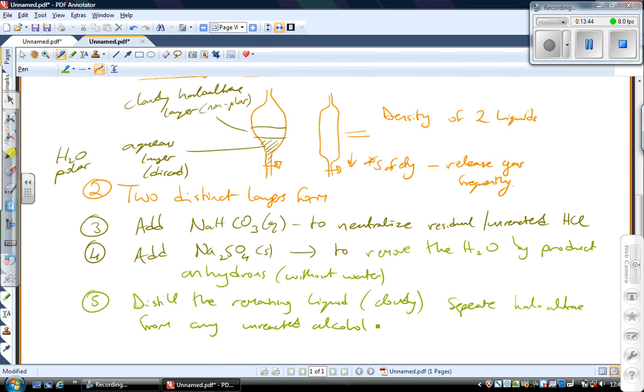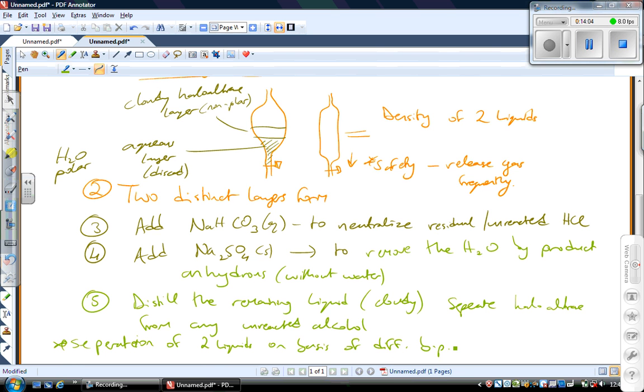Distillation separates two liquids, and I'll just do this briefly now because I'm going to cover it later in the lesson. But distillation is separation of two liquids of differing boiling points.